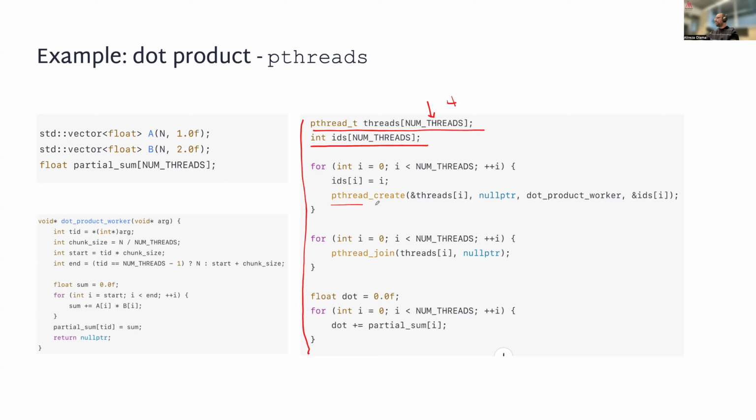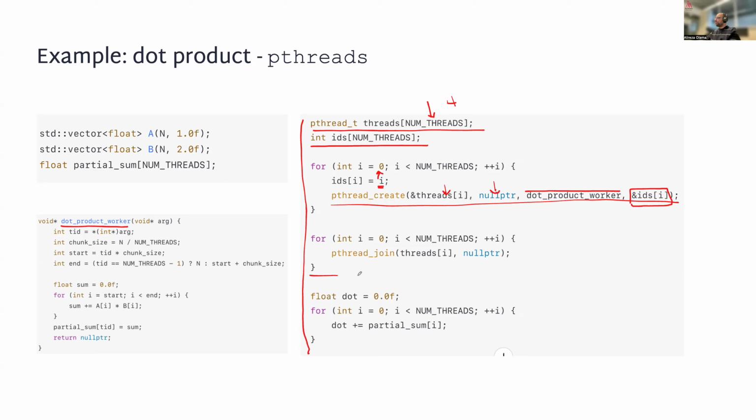And then I created the threads, right? So here I have a pthread create for the ith thread with a null pointer here. And then I pass in this dot product function, which I defined here. And here I just pass in the address of the thread ID, starting from 0.